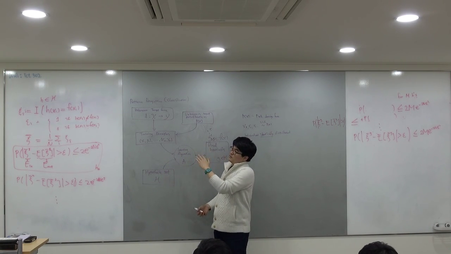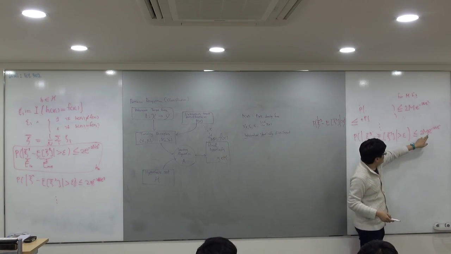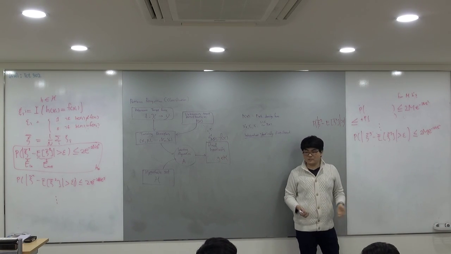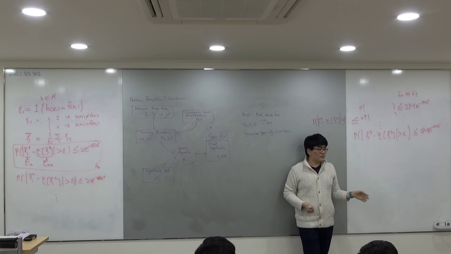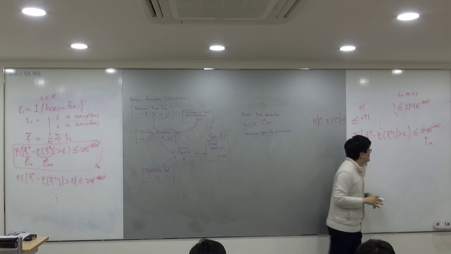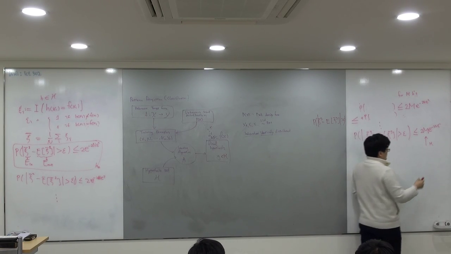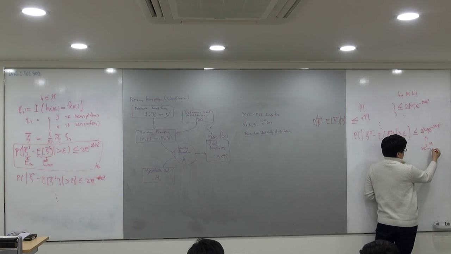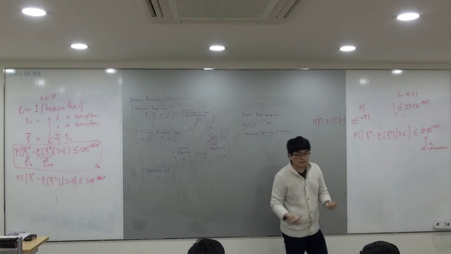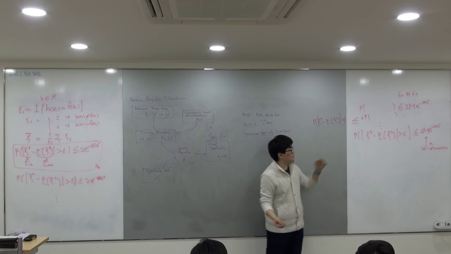Because it's a real number. So M will be infinitely large. Then your bound is just meaningless. So you should somehow replace this number M with some effective number. And we're going to replace this one with the VC dimension. That's what Vapnik and Chervonenkis contributed to this equation.